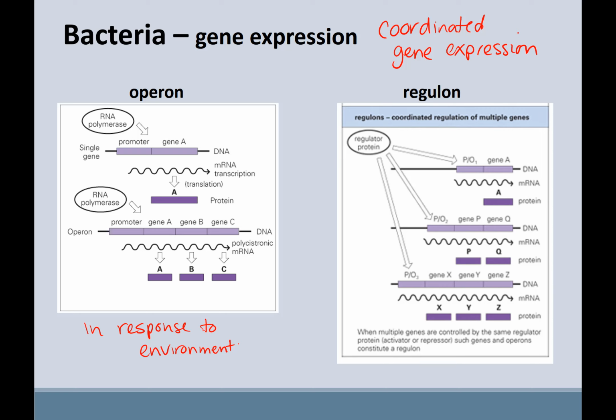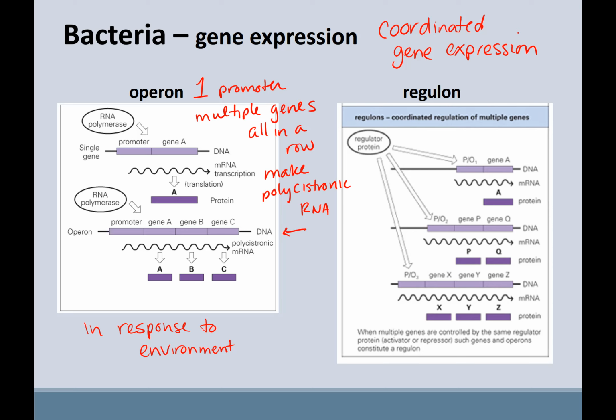So the difference between an operon and a regulon is an operon has one promoter with multiple genes under that single promoter. They're all in a row, and they make what we call polycistronic RNA.